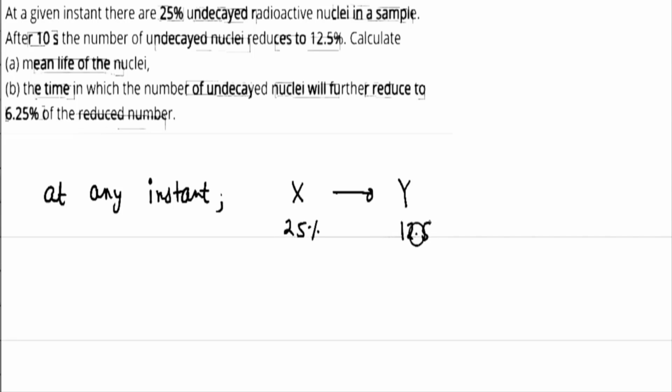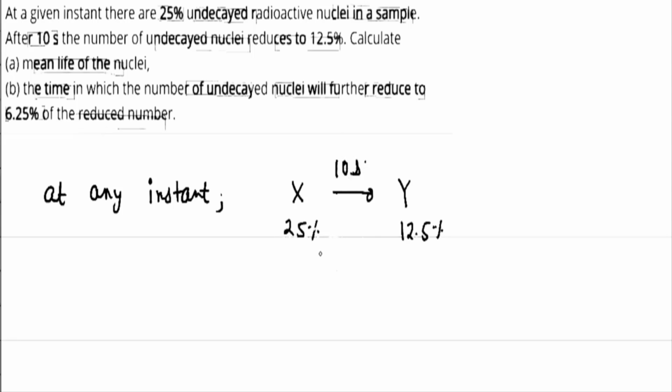Okay. So first of all, at any instant we are given that there are 25% undecayed nuclei. So consider X is converting into Y, and X is 25% and becomes 12.5% in a given time of 10 seconds.